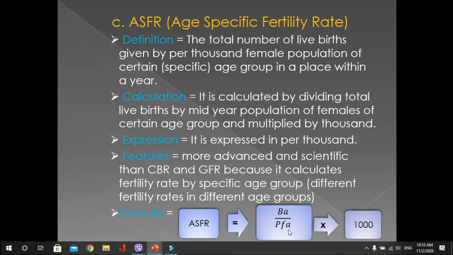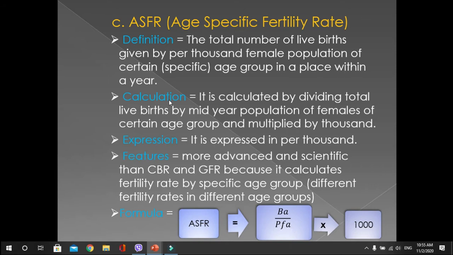Okay, so in this way you can easily define ASFR, age-specific fertility rate. Once again you can see ASFR means the total number of live births given by per 1000 females of certain age group or certain age within a year.